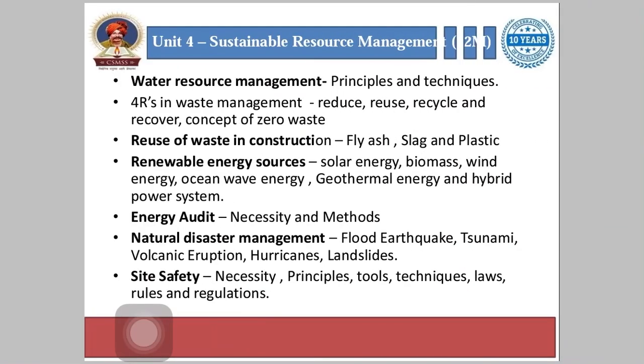Fourth unit consists of sustainable resource management, and it is carrying 12 marks. So water resource management, we are going to see about the principle and the techniques, about the 4 R's in waste management, that is reduce, reuse, recycle and recover, concept of zero waste, then reuse of waste in construction, fly ash, slag and plastic, renewable energy resources, sources like solar energy, biomass, wind energy, ocean wave energy, geothermal energy and hybrid power system.